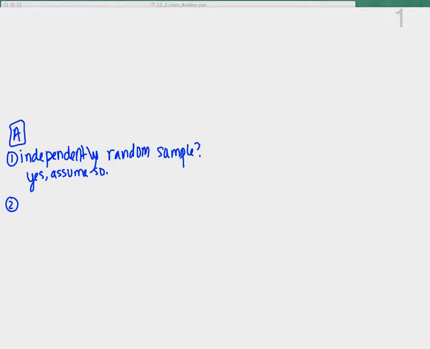Do you guys remember the second assumption for chi-square? Large sample. How is this a sample even though it's just everyone on the Titanic? We're just ignoring that fact.